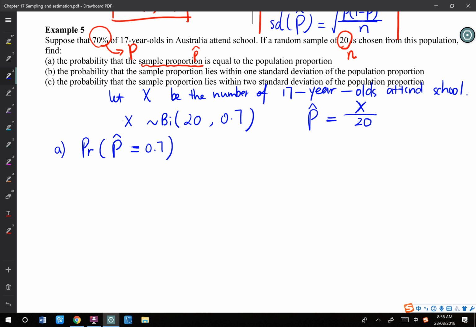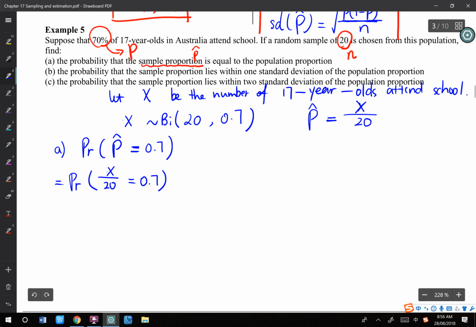So p hat equals what? I have listed it here for you. It's x over 20, right? That equals 0.7. So in that sample of 20, how many people attending school will give you a sample proportion of 0.7? That's 14 people.